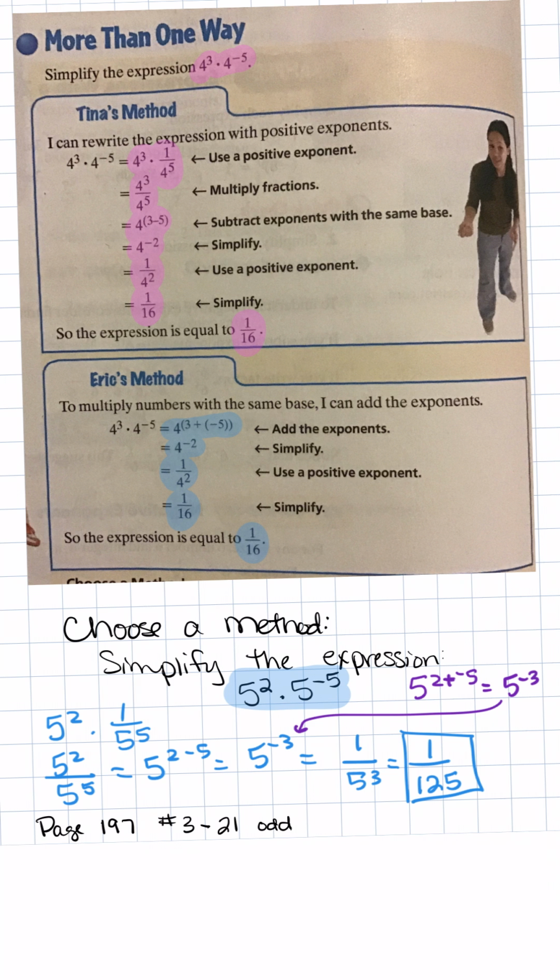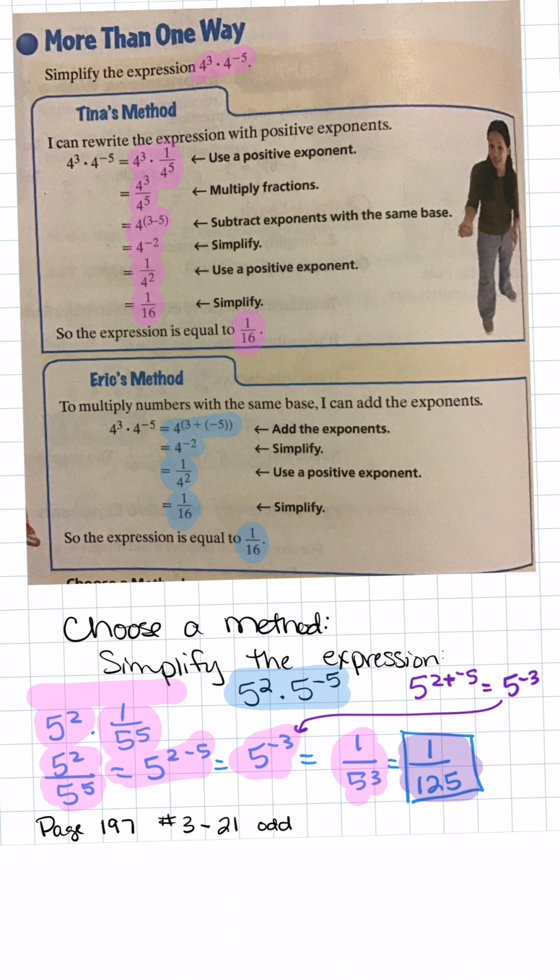Okay, so you should have got 1 over 125. This side over here was more of what Tina did. So I flipped them and then combined the terms and then subtracted and got 5 to the negative third, made that into a positive exponent, and then solved 5 to the third power.